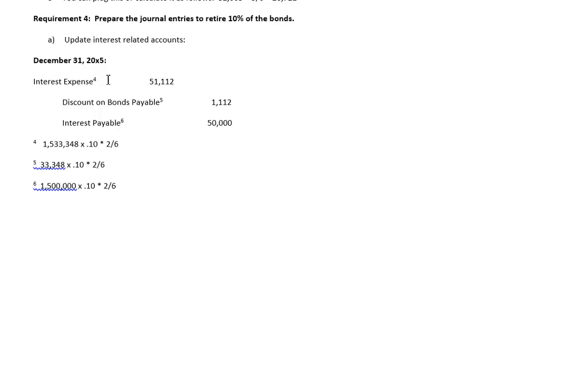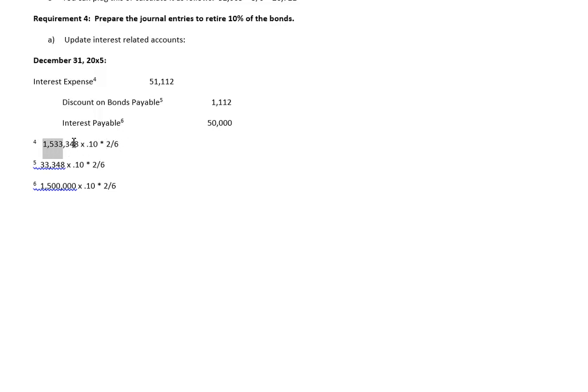So what that means is that I have to book interest expense for when? November and December, because I set up interest on October 31st, because that's when I paid it out. So I have November and December, which is 2 months of interest expense.